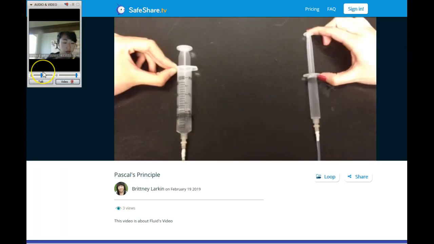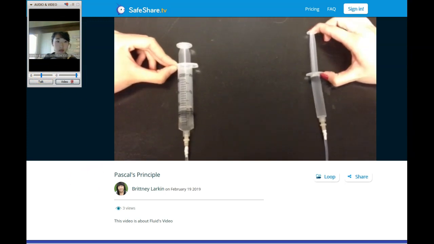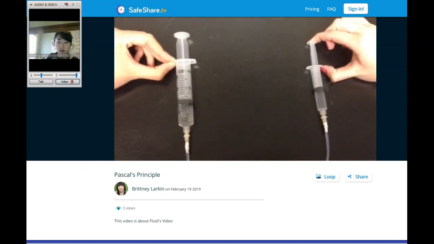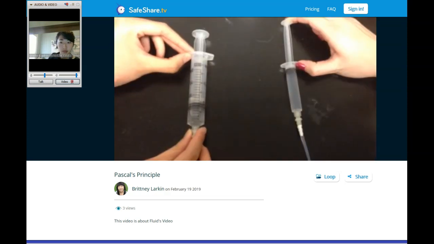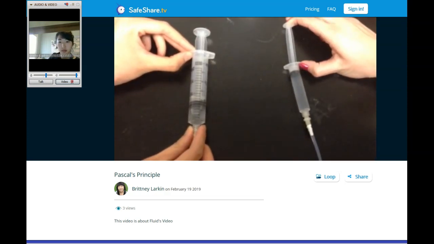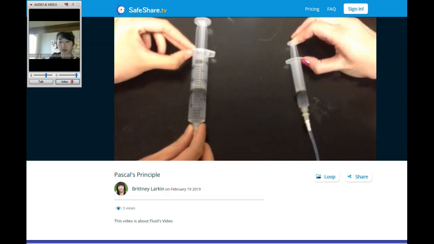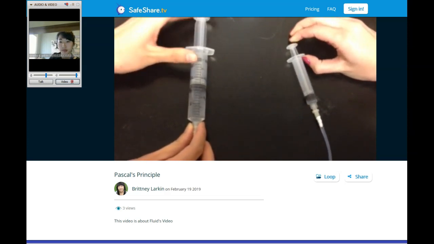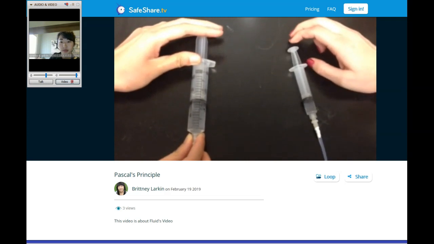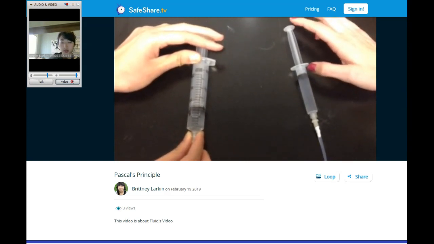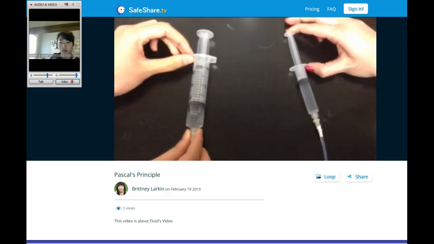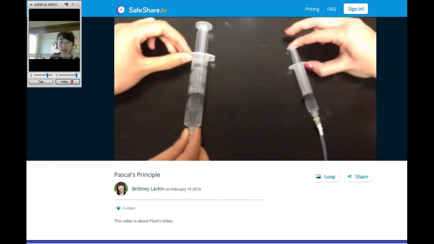Go, go, go. One way to demonstrate this is to use a simple system of 2 syringes, tubing and water. When we apply pressure to push one syringe down, the other syringe goes up. Because the fluid is incompressible, the pressure is transmitted from the first syringe to the second syringe, causing it to fill with water. If you'd notice, it is a lot more difficult to push the larger syringe down.